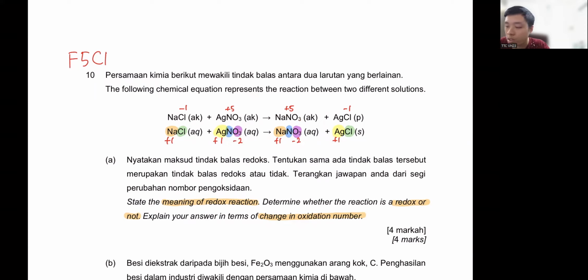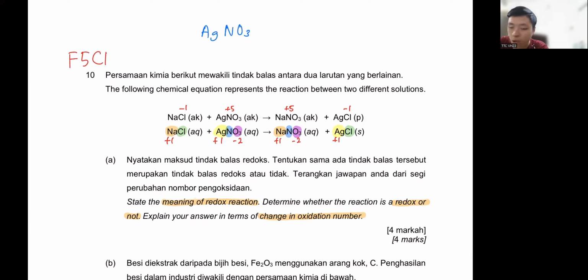Maybe some of you ask, how do you get plus 5? Normally I know NaCl is Na plus and Cl minus, so plus 1 and minus 1. Ag is plus 1. O is O2 minus, so minus 2. Let me show you with AgNO3.